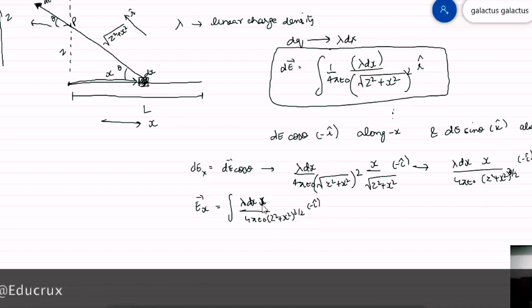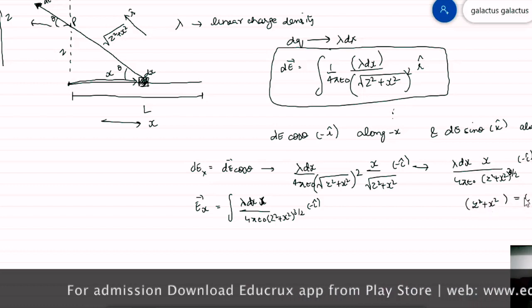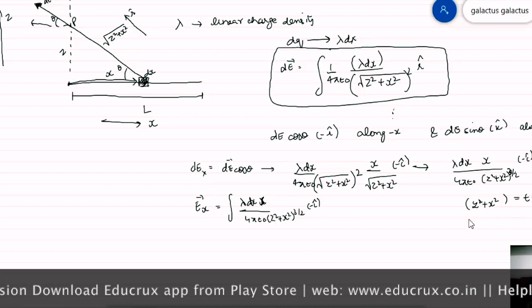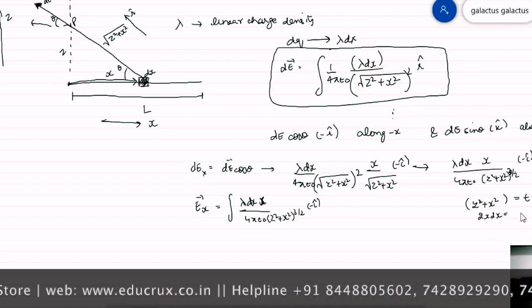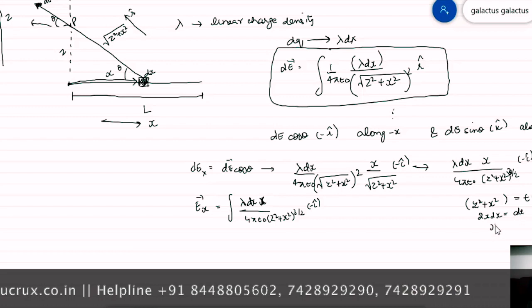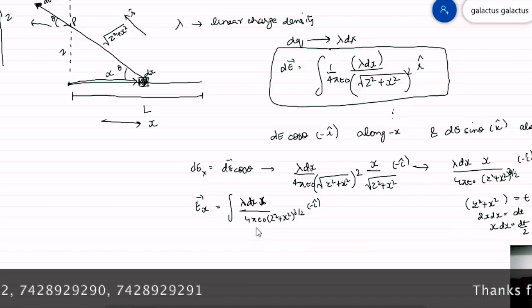Okay, so to solve this integration, what you can do is you can take z square plus x square equal to t, and then 2x dx is equal to dt, then I can replace my x dx by dt by 2.